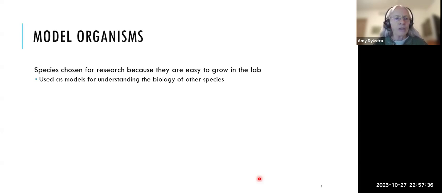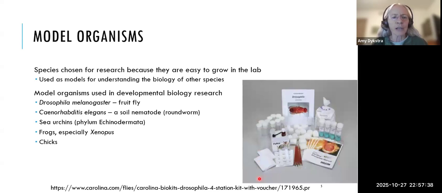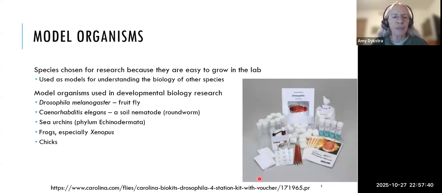So these are some of the model organisms that are used in developmental biology research and in other biology research. We talked about the fruit flies in our second video. We talked about pattern formation, the development of the anterior posterior axis in the fruit flies.